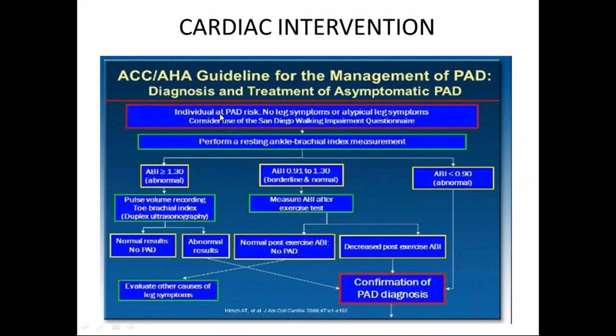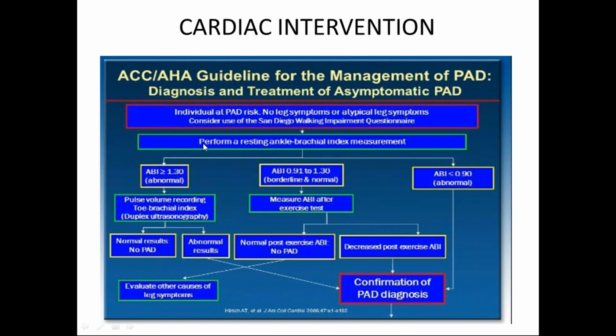So these are individuals at PAD risk if they have no leg symptoms or atypical leg symptoms. Remember, if the patient has critical limb ischemia, they need immediate attention. For patients with no leg symptoms or atypical leg symptoms, consider using the San Diego walking impairment questionnaire.